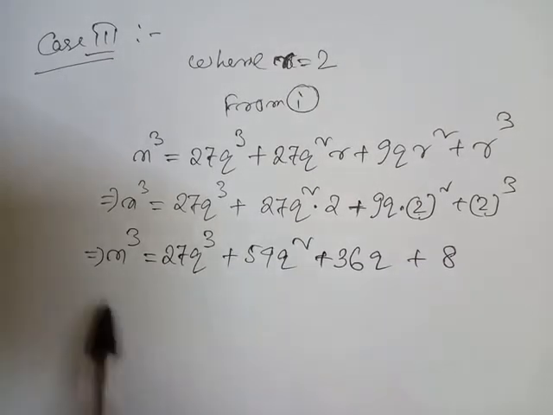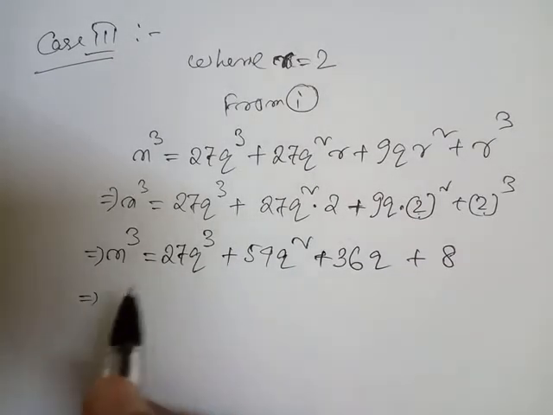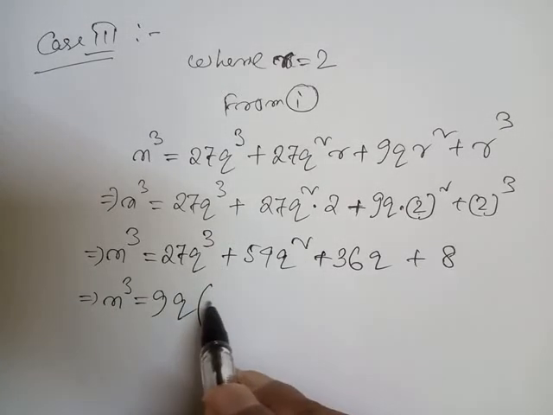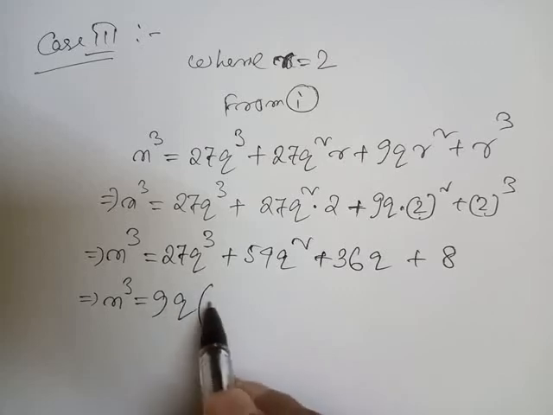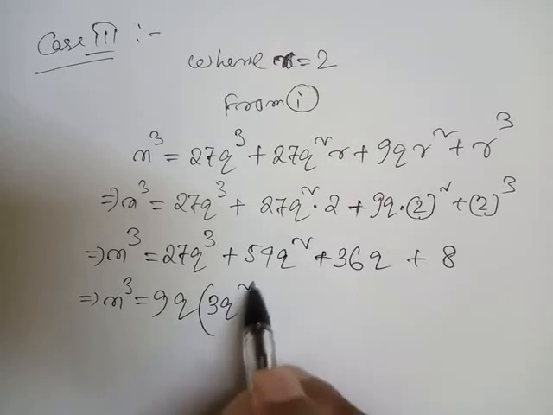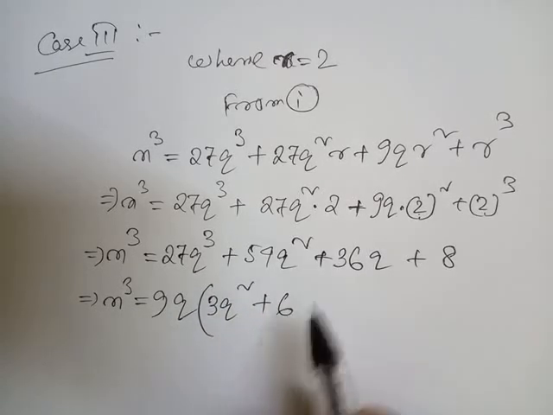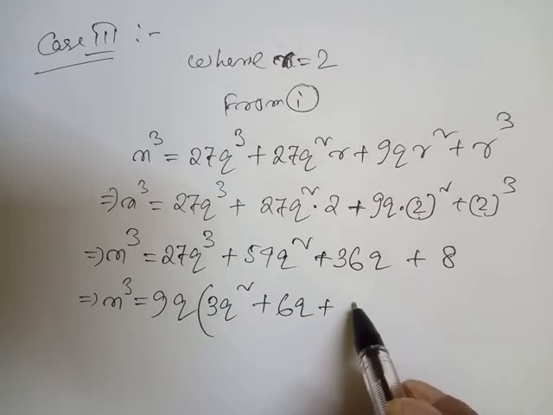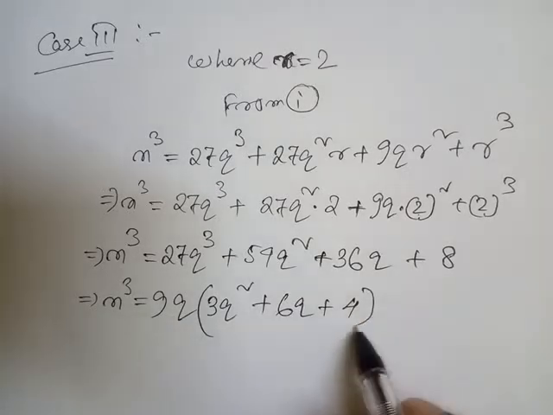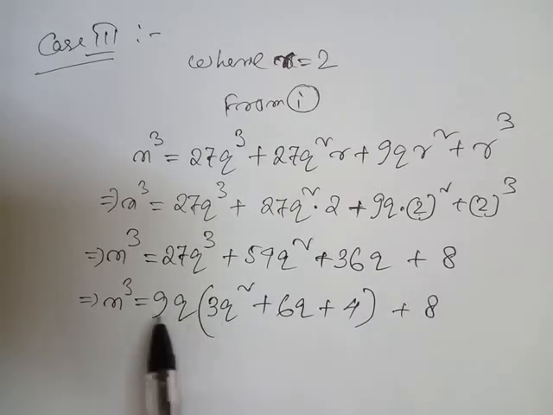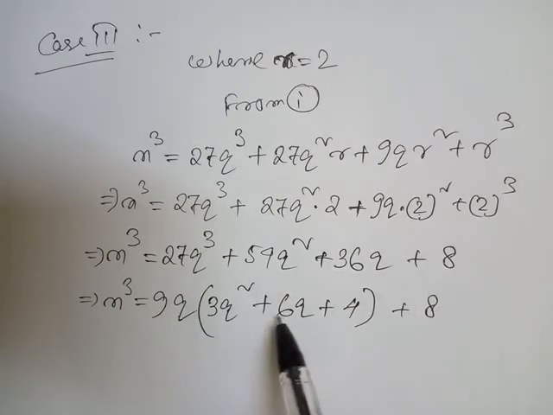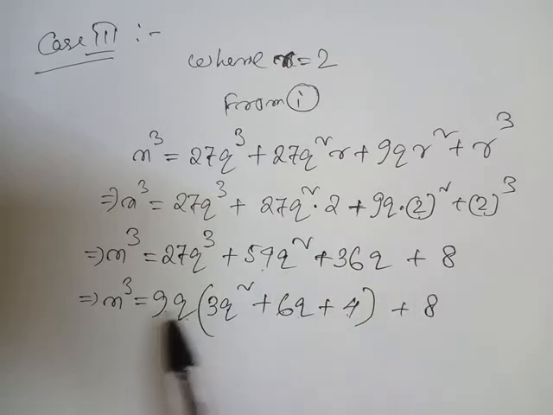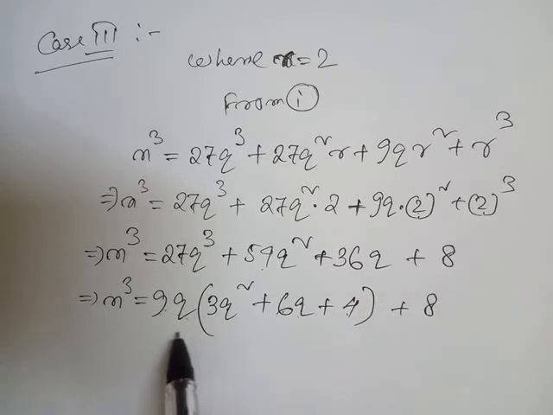Now look student, here if I take 9 common from here, the answer would be here. Now 3 nines are 27, q cube, then 6 nines are 54 and there is q square, and 4 nines are 36 and q will be here, plus 8. I repeat again, 3 nines are 27, q square into q. Now 6 nines are 54 and q square, and 4 nines are 36, there is q, so this portion will be m.